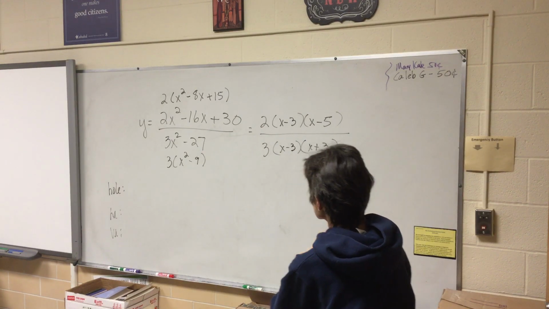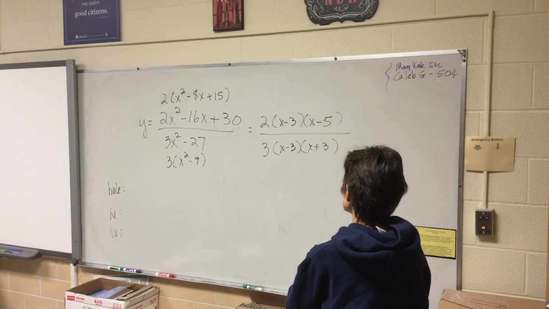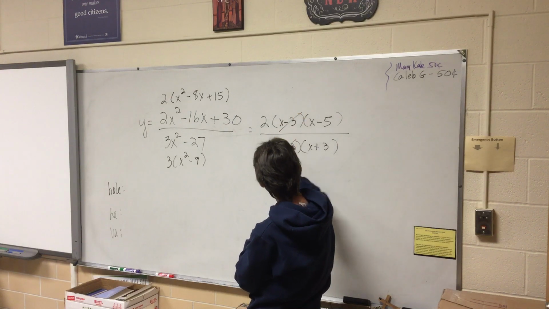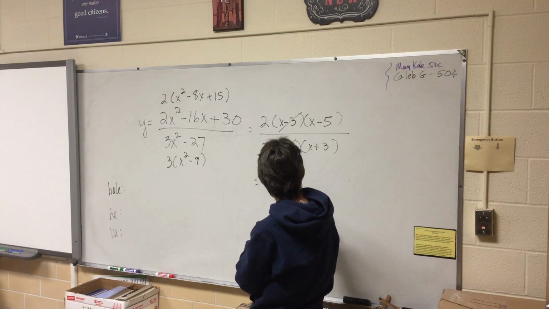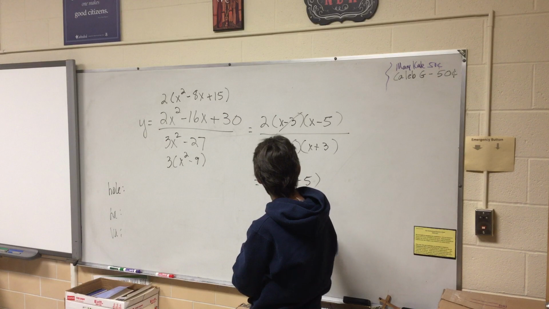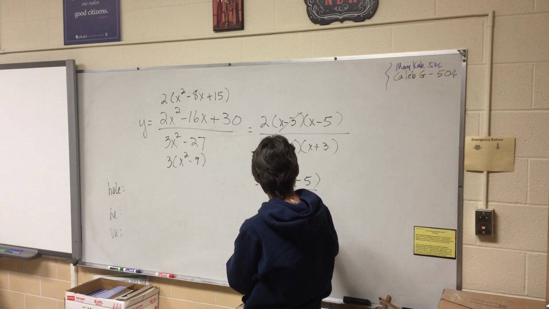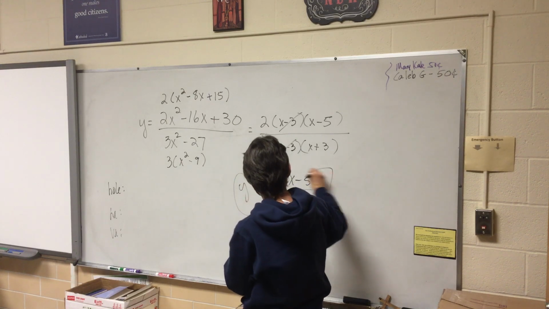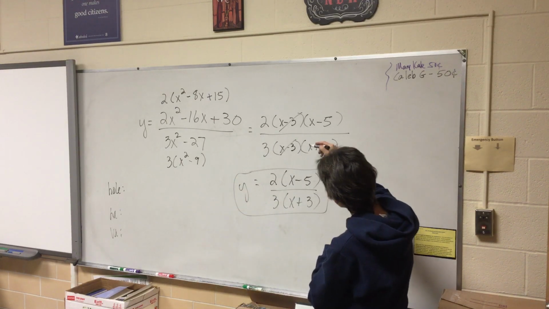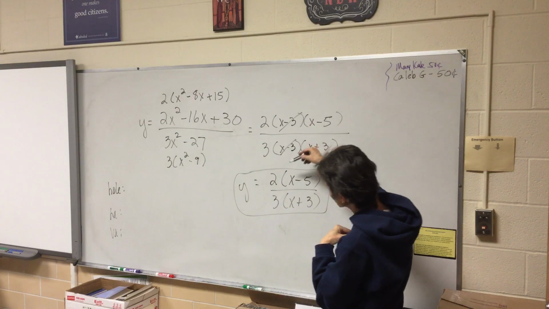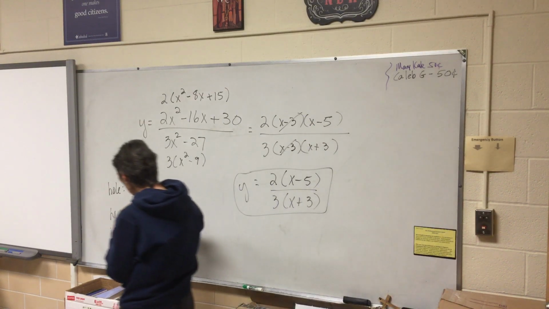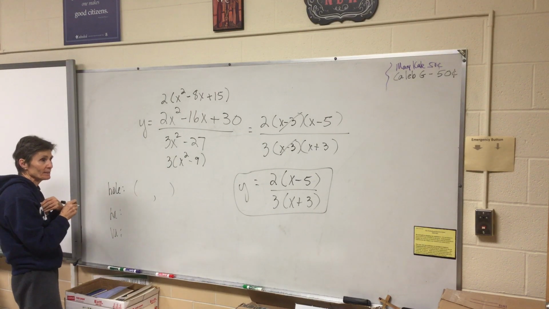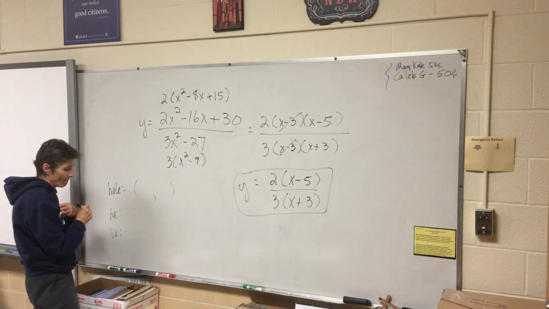Okay, then what do you notice? Those are going to cancel, right? Yeah. I'm going to write down what's left. But I canceled out x minus 3, which means that my whole will have an x that's what? What will the x be for my whole?